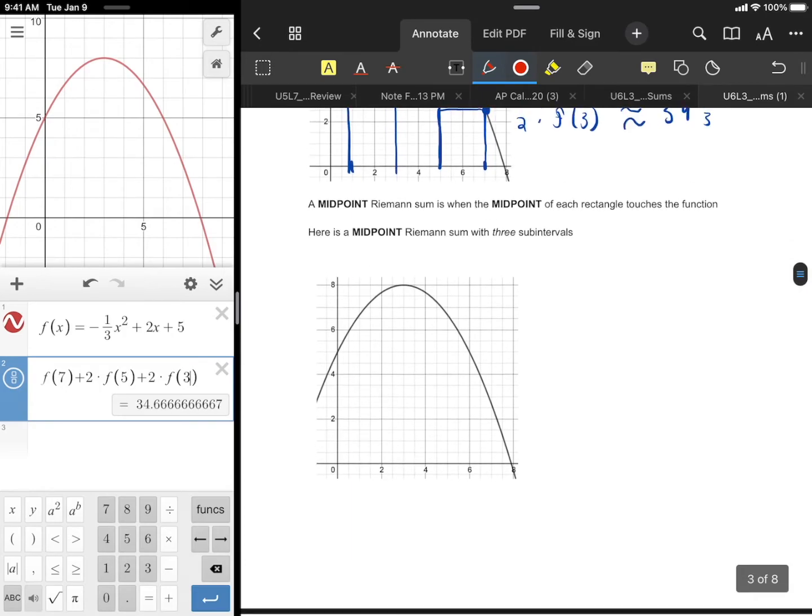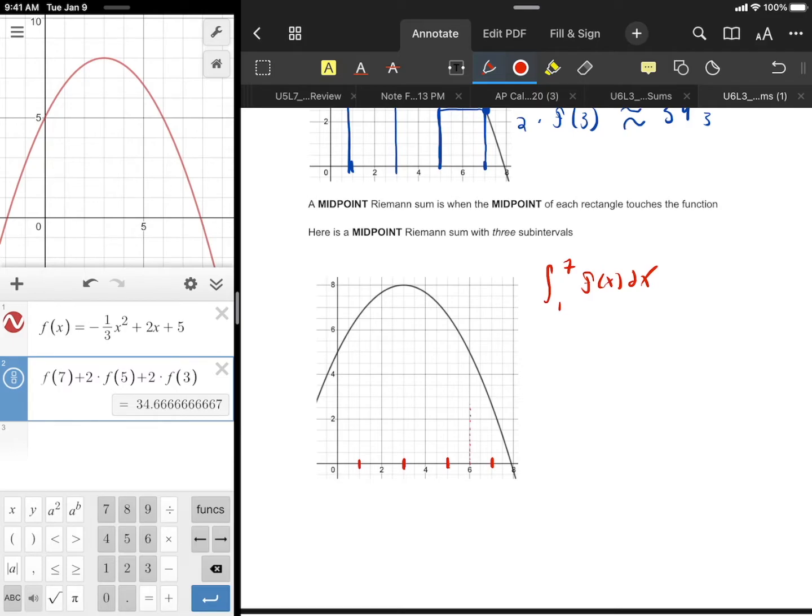The midpoint Riemann sum just means that the same intervals are going to apply, but the midpoint of the rectangle is where you're going to derive the height from. So if I'm doing, again, from 1 to 7 of this function, and I do 3 subintervals, well, again, still each one's going to be a distance of 2, but here's the way this works.